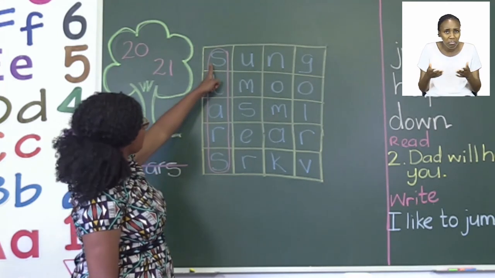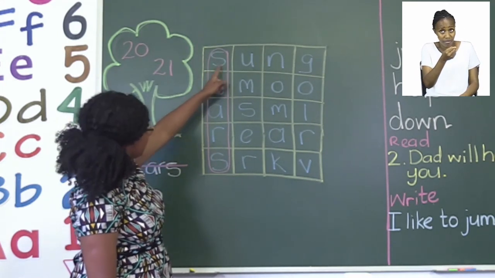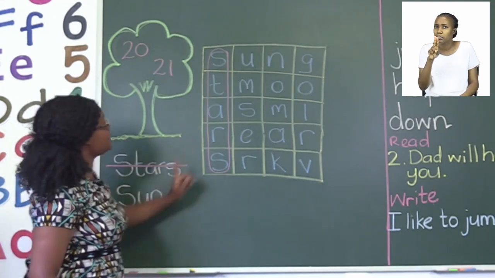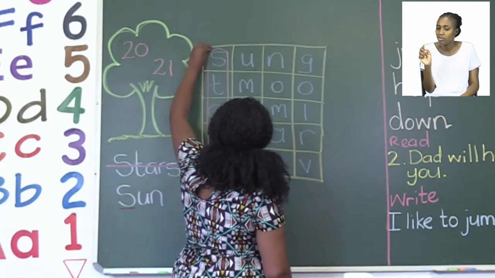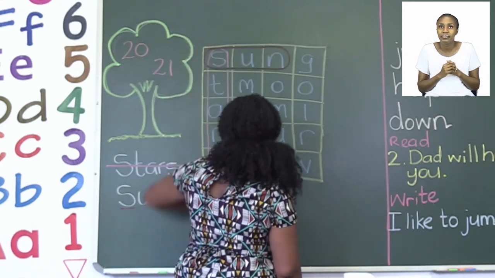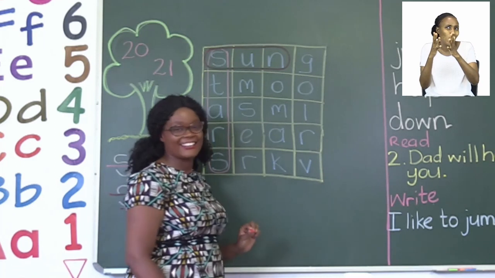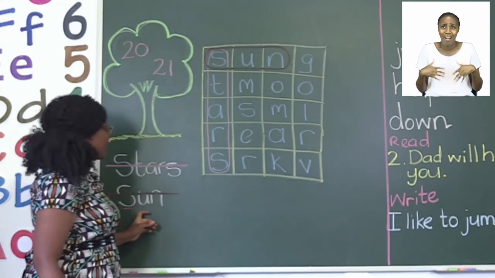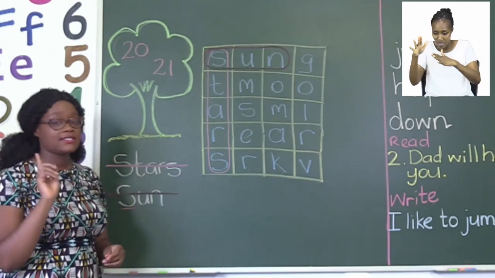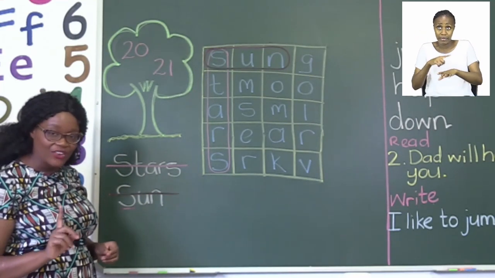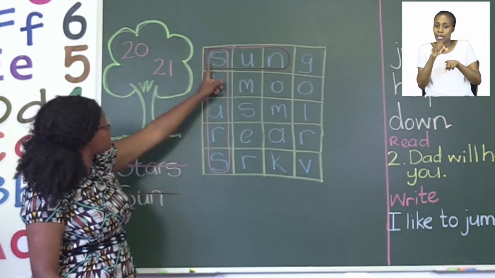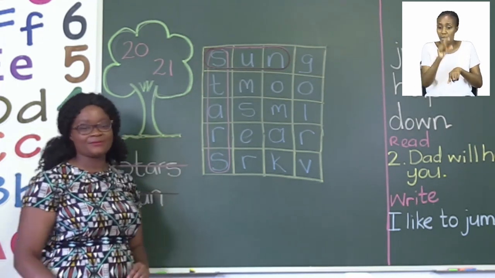If we see here, we have the letter S, and then we have a U and an N. So now we have found our word sun. Good job. That was quite quick today. So the word sun is there, and remember, in a word search, sometimes the letters are sharing, like the letter S is for stars and S is for sun.